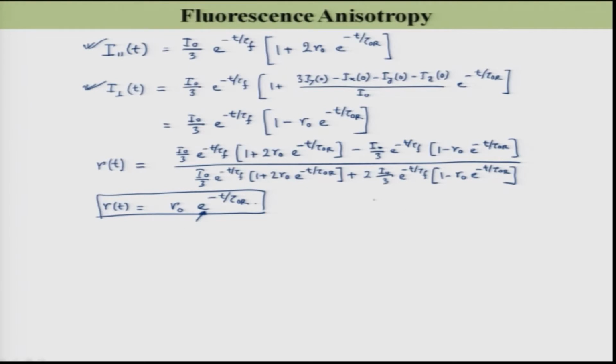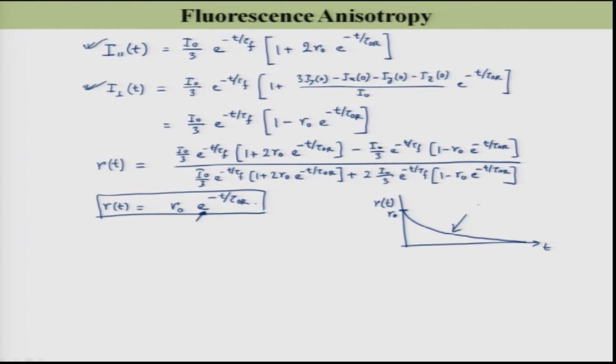So, if I now plot r t as a function of t, this will be r 0 and it will be something like this, and the corresponding time constant.